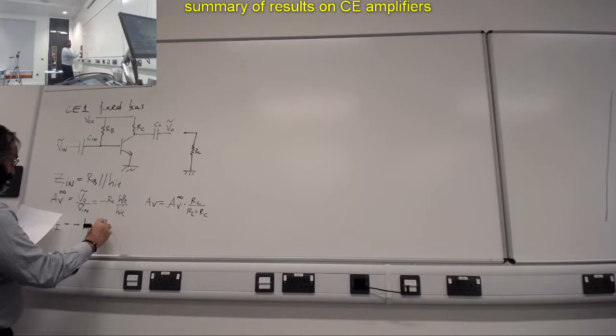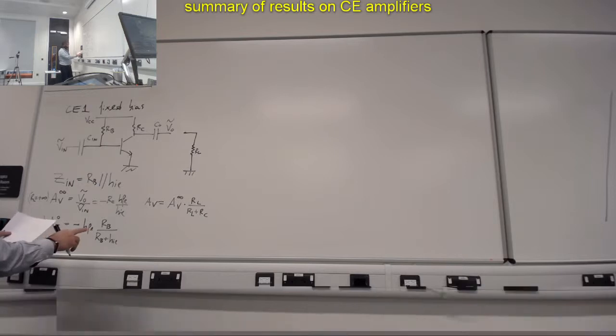So AV infinite was obtained when RL is infinite. AI0 is obtained when RL is 0. It's the short circuit current, which tells you effectively the maximum current you can get. If there is no load, it's a short circuit, that is telling you what is the maximum current you can ever get. That's what AI0 represents.